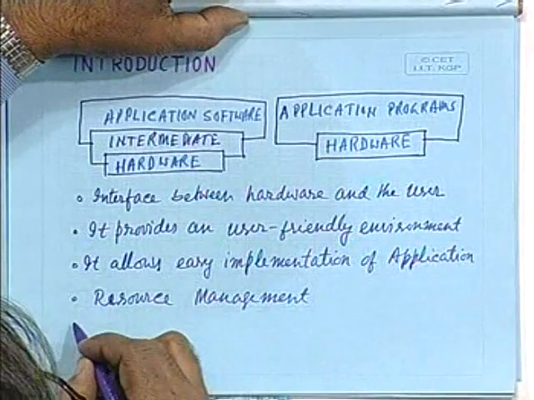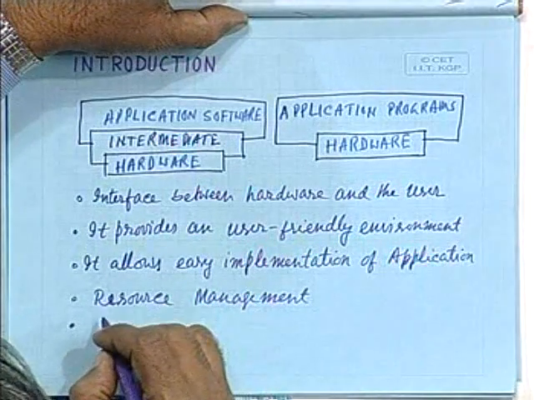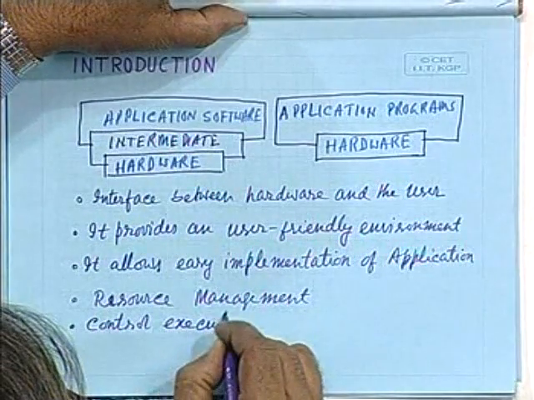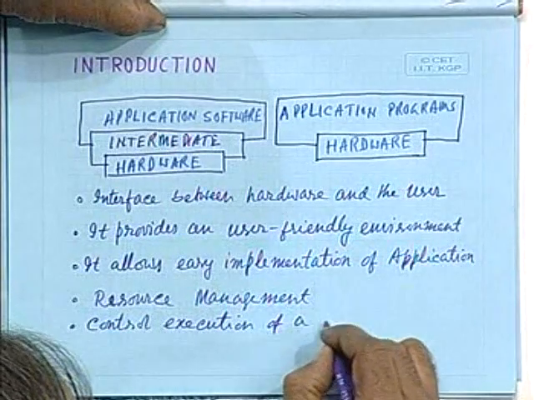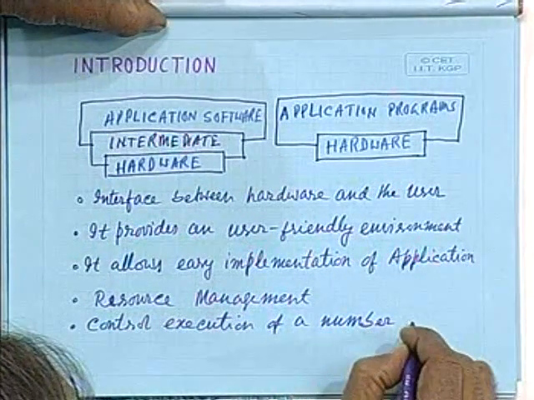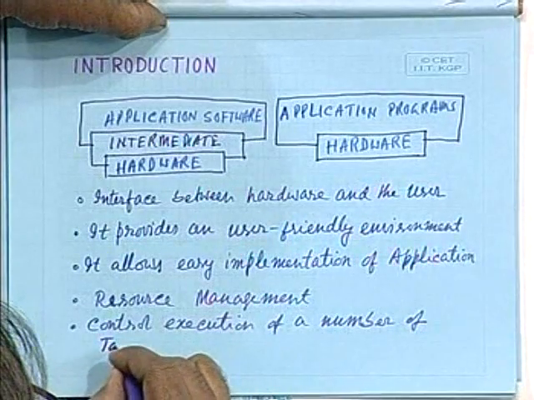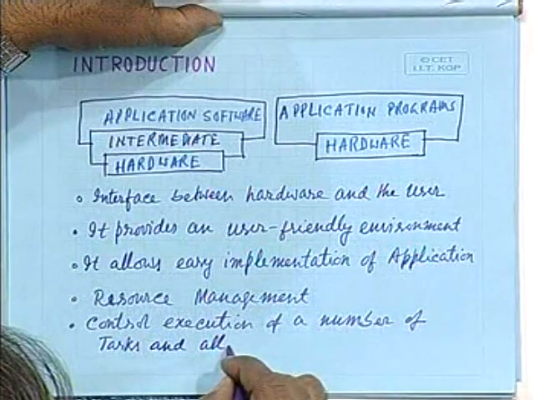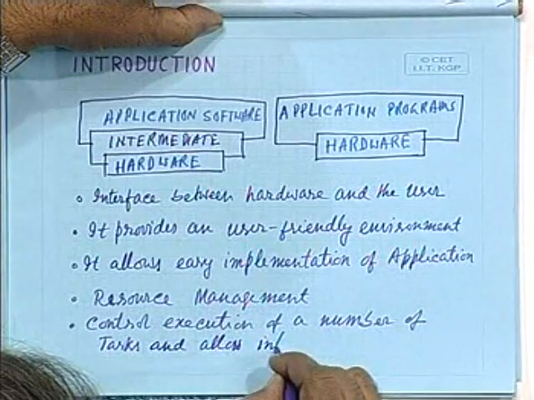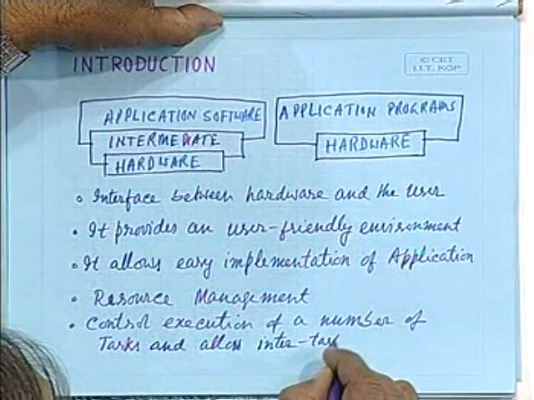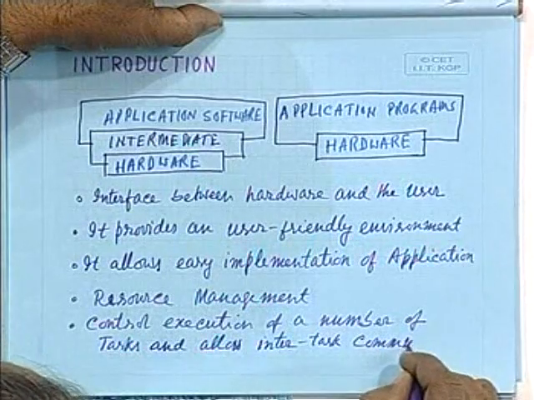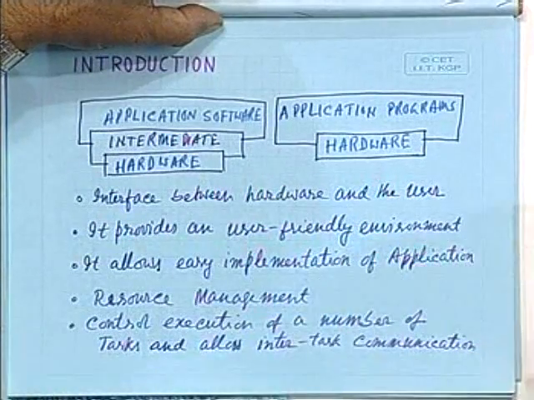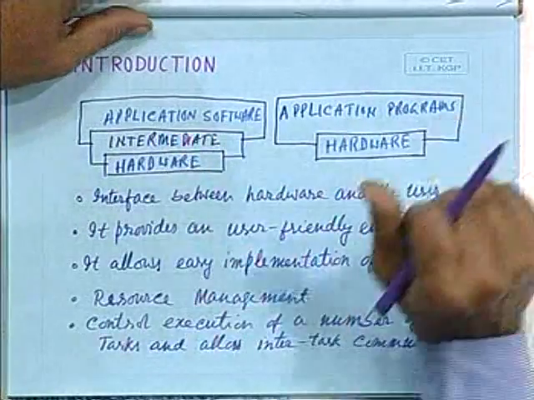And effectively, it will control execution of a number of tasks or maybe subtasks and allow inter-process or inter-task communication in a very convenient manner. So these are some of the functions to be played by this intermediate software.